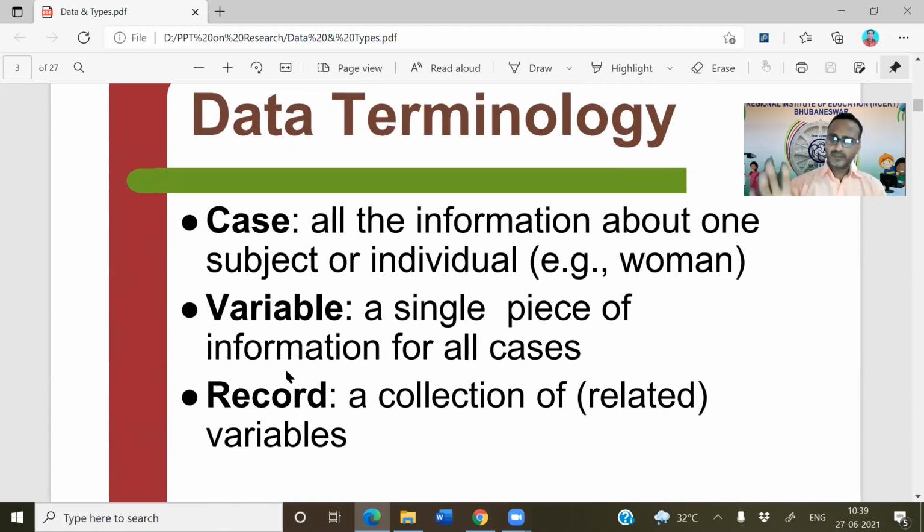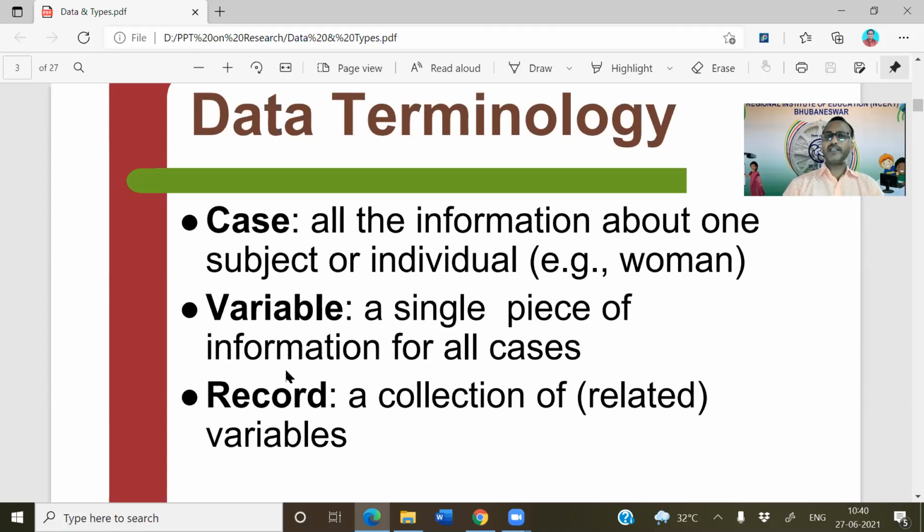So let us discuss some of the terms used in data, because these terms are required when you want to analyze the data. Therefore, you should be acquainted with these terms.